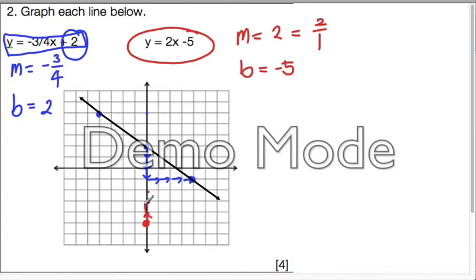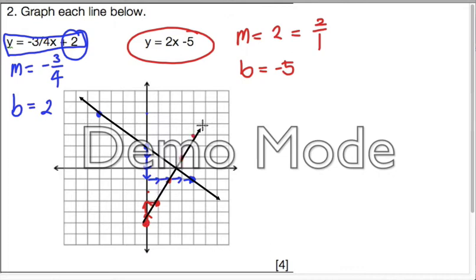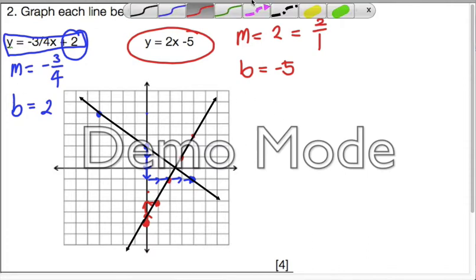Up 2 over 1, and up 2 over 1 again. And that line would be my y equals 2x minus 5. Okay? All right. Let's move on.